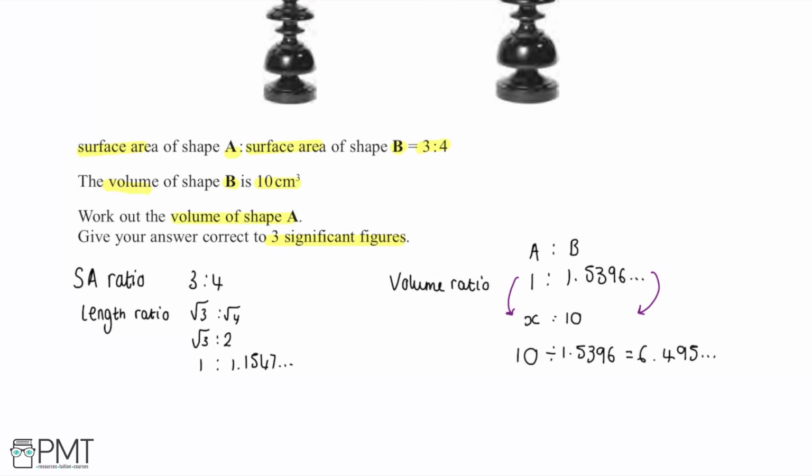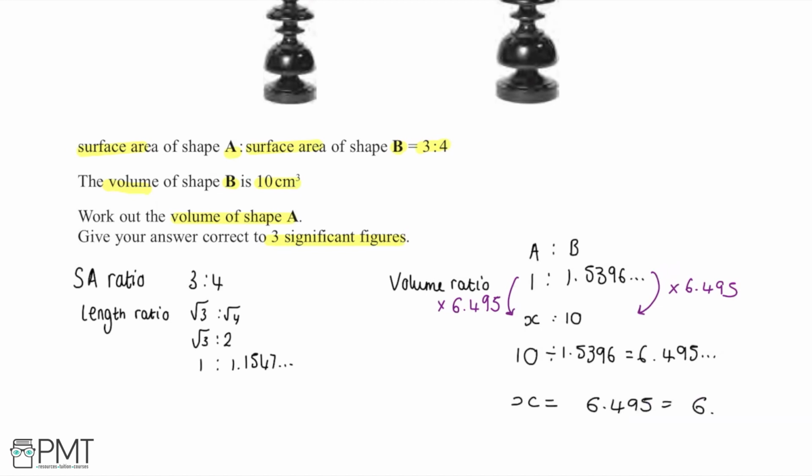6.495, etc. So just going back to this part here, to get from 1.5396 to 10, we're going to multiply by 6.495. So to get from 1 to x, we need to do the same thing to both sides, so multiply by 6.495. So the value of x here, which is the volume of A, is going to be 6.495, and it wants the answer correct to 3 significant figures.